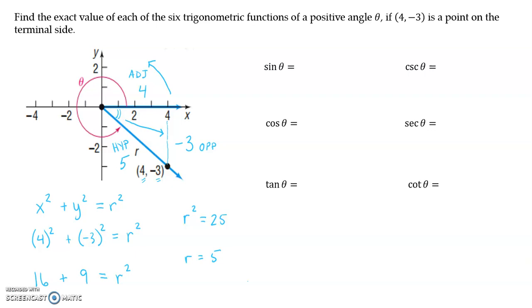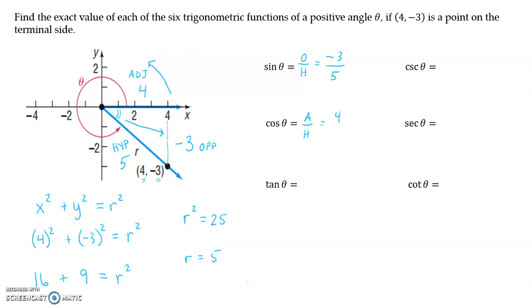Now that we have all 3 sides labeled, let's go ahead and find the value of each of our 6 trig functions. For sine of theta, remember we have our opposite side over the hypotenuse. Our opposite side is -3, and our hypotenuse had a side length of 5. For our cosine value, that's our adjacent side over the hypotenuse.